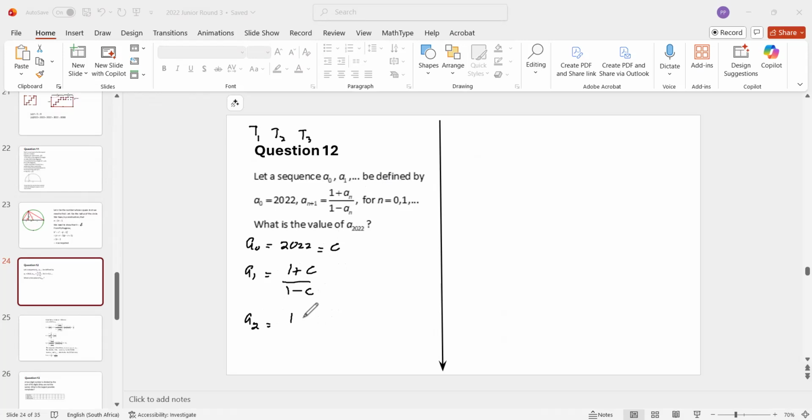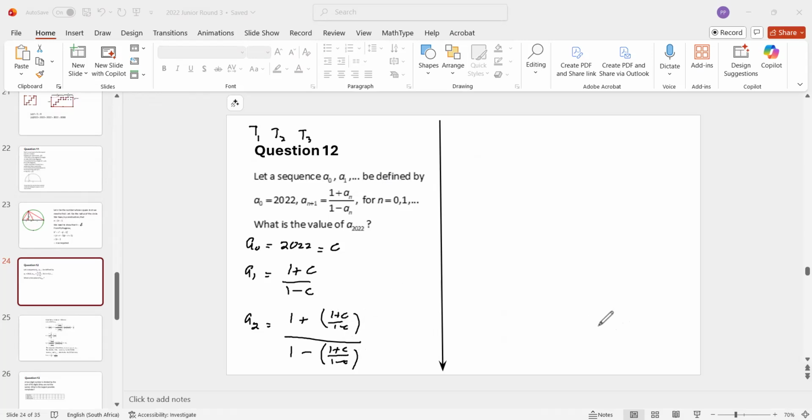And A2 is now 1 plus previous. But the previous is this 1 plus C over 1 minus C, all over 1 minus the previous term, which is 1 plus C over 1 minus C. Okay, now that's a rather cumbersome object. The best way to deal with these things is to multiply numerator and denominator by 1 minus C. That kills this denominator.